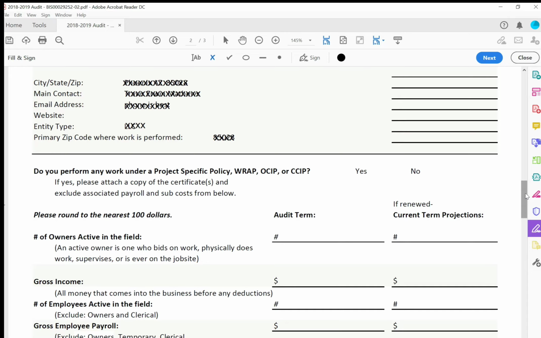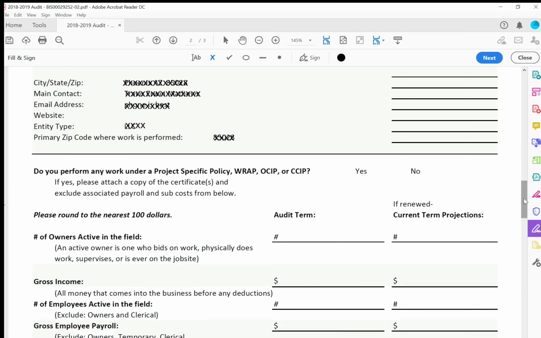So first question on this audit is, do you perform any work under a project specific policy, RAP, OSIP, or CCIP? Basically, what these projects are is when the owner of the project, whether it be a developer or owner of a condominium that's being built, they purchase the general liability for you, and they basically pay you less what the insurance costs them.